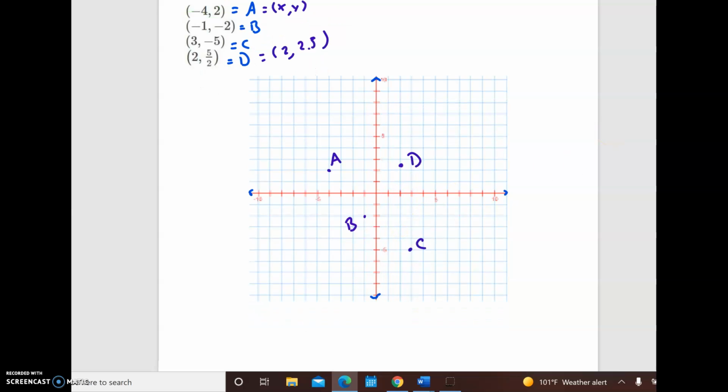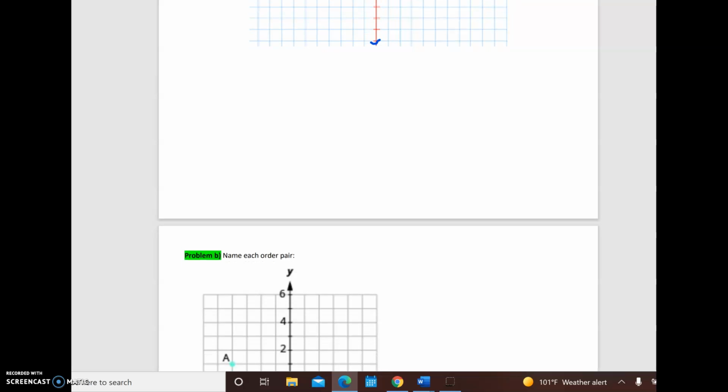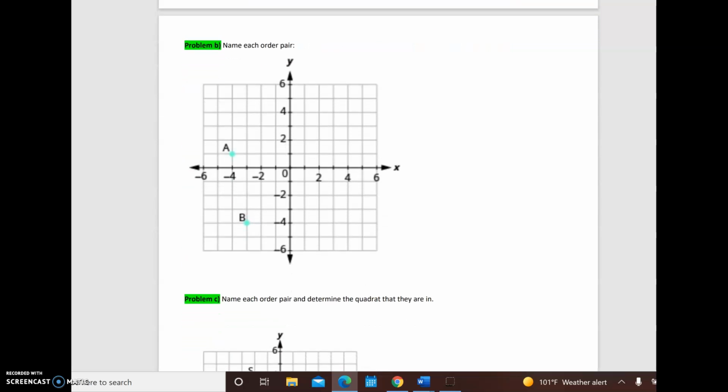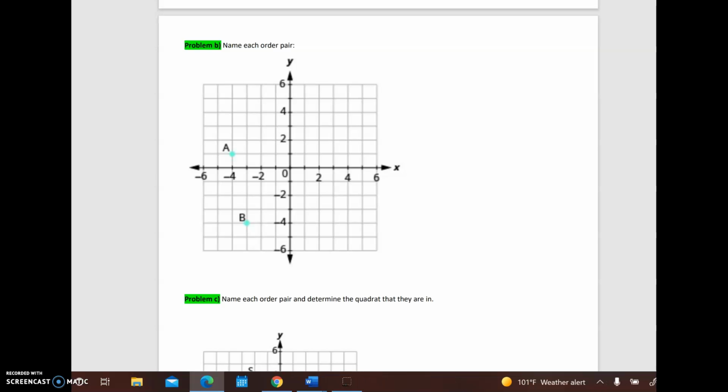Okay, let's go to the second problem, problem B. They want us to just name the ordered pair. So in this case, I'm just going to put my solution here. The coordinate point A, it's going to be x and y, and it's going to be at -4, 1.